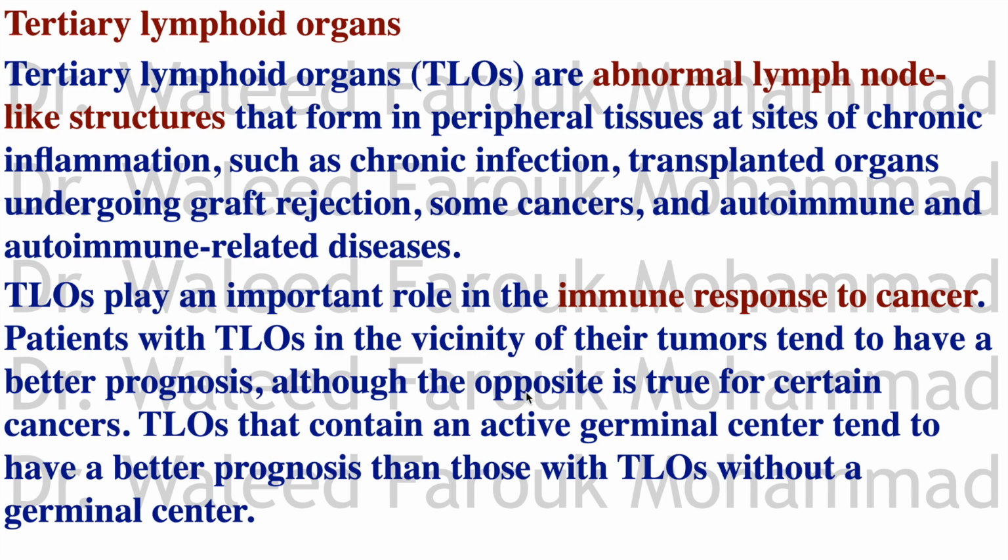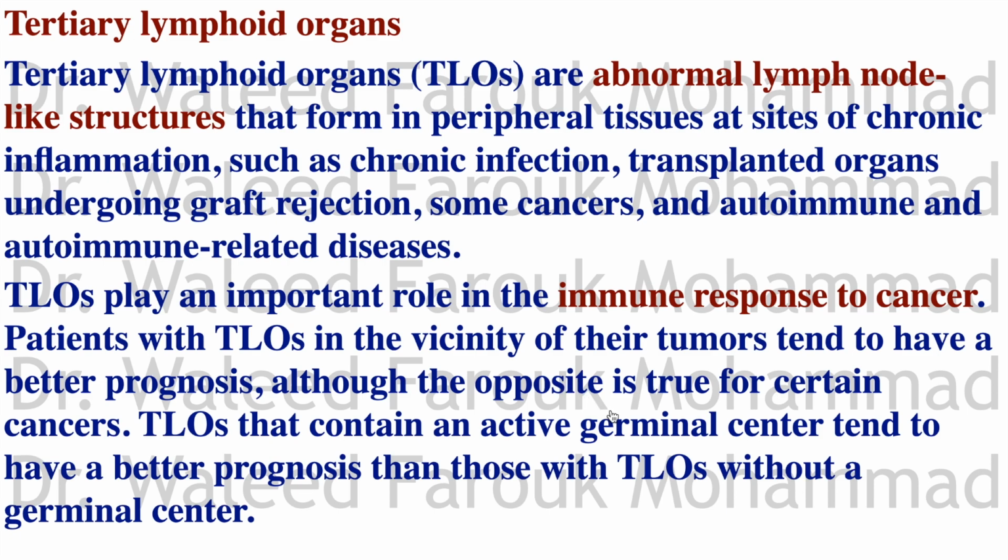Tertiary lymphoid organs are abnormal lymph node-like structures that form in the peripheral tissues at sites of chronic inflammation or chronic infection, where there are transplanted organs undergoing graft rejection, and in some cancers and autoimmune related diseases. So they are not present normally, they are present abnormally.